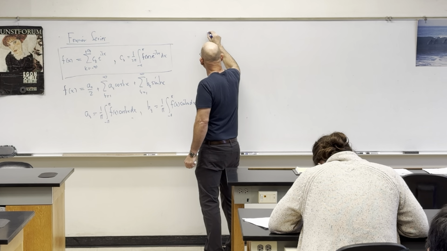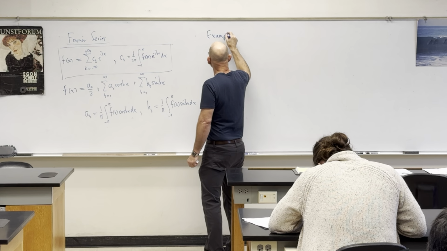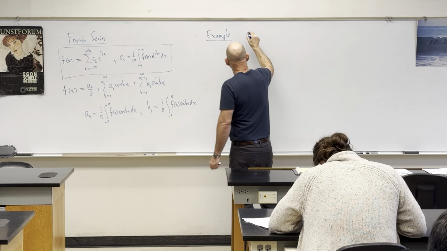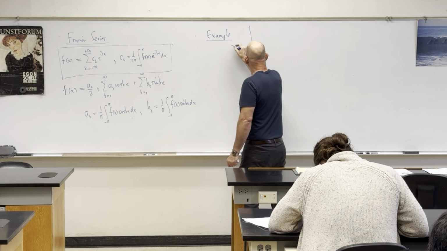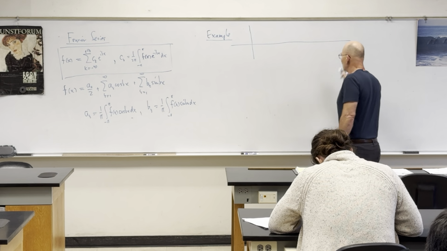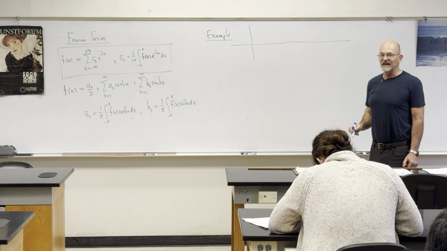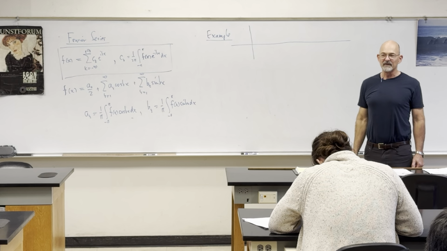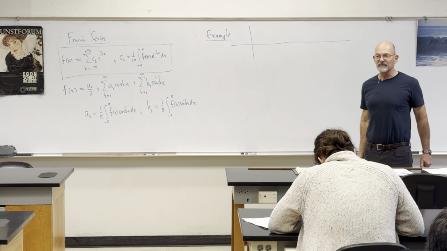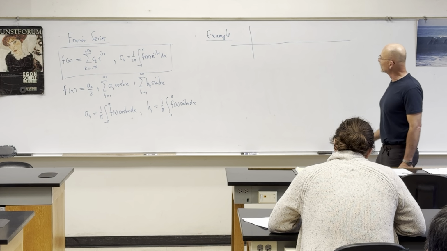So, example, I think this will also be a homework problem. Suppose you're trying to create a signal that consists of a bunch of pulses. Pulses, say, in time, but we'll do it in x for the moment. Then we could change that to time later on.